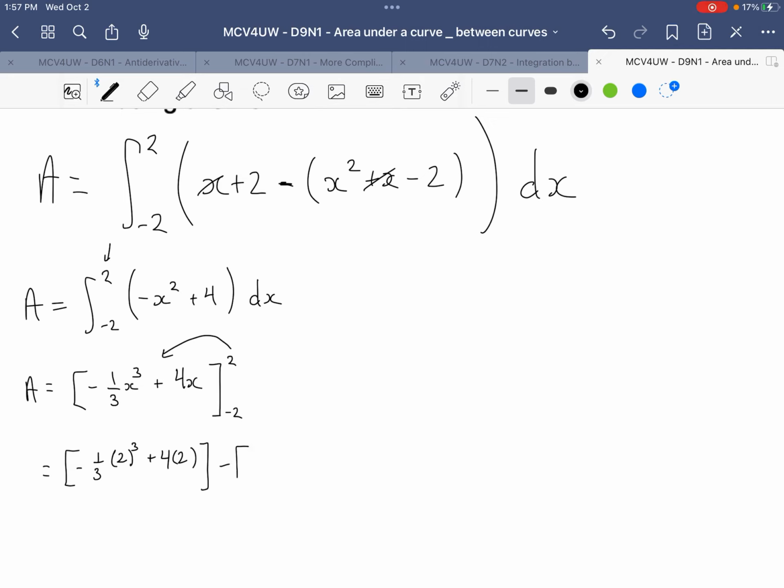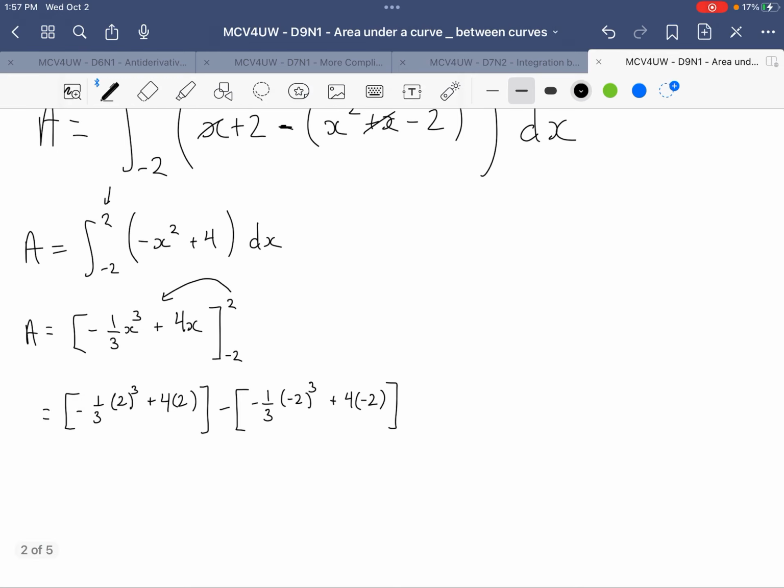That's the first part, minus the same function, negative 1 over 3, so I have negative 2 cubed plus 4 times negative 2. All right, let's simplify this. This would be negative 8 over 3 plus 8 minus, this would be positive 8 over 3 minus 8.